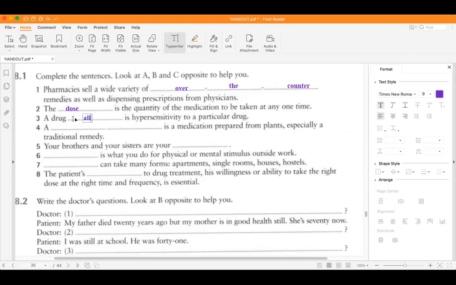The answer here is allergy, a drug allergy. Number four, what is a medication prepared from plants, especially a traditional remedy? So here the answer will be a herbal remedy.